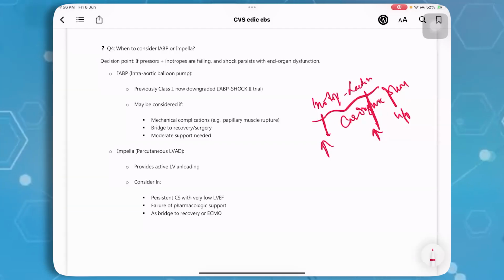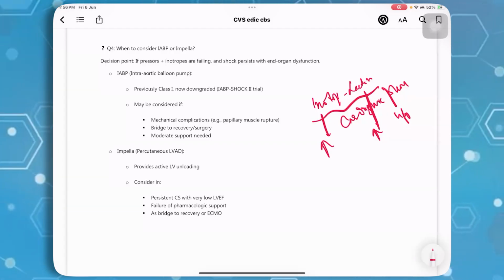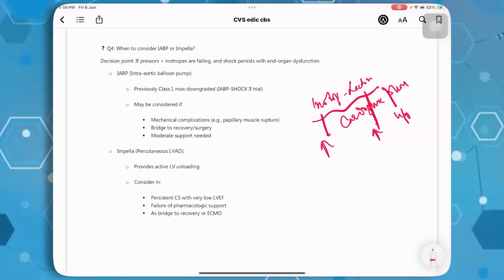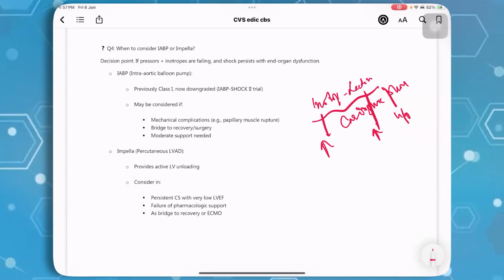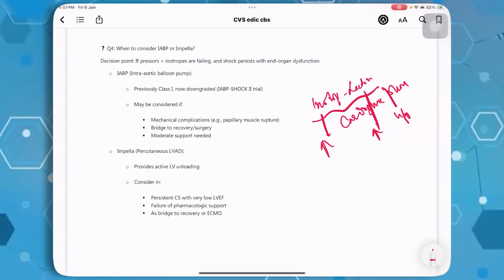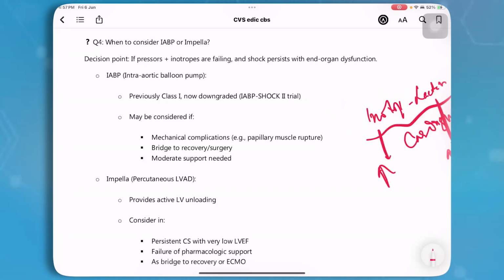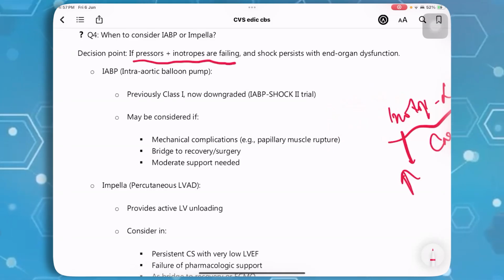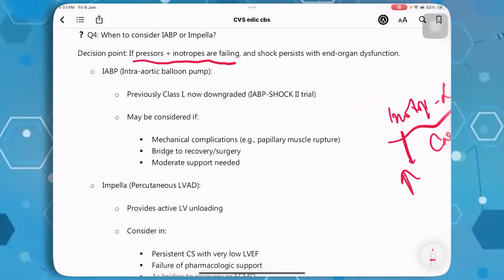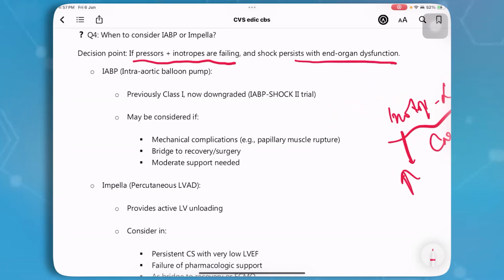This is setting the stage for mechanical device intervention. That means now you will need to put in some mechanical support like IABP or LVAD. So if the pressors and inotropes are failing and not working, and shock is persisting with end organ dysfunction, this is known as refractory cardiogenic shock.